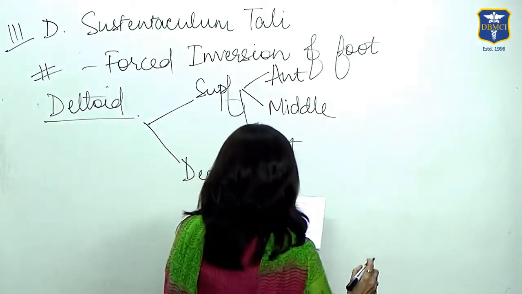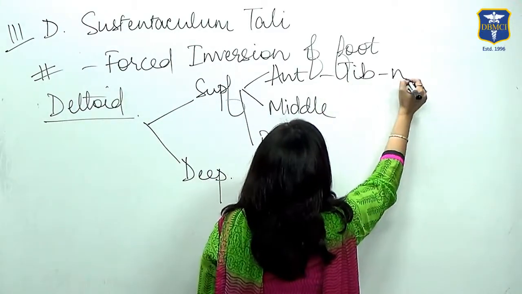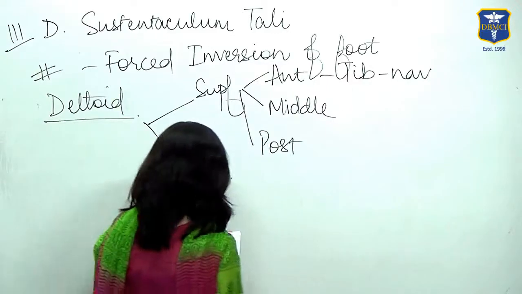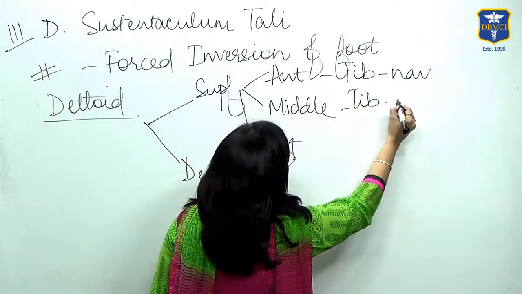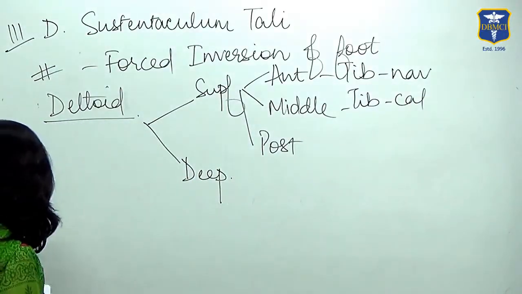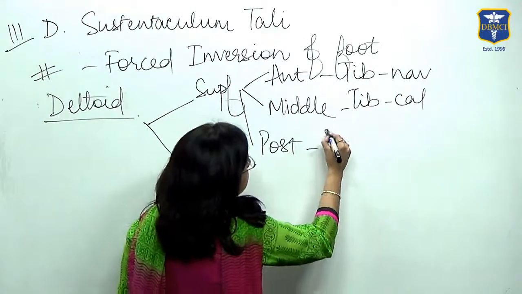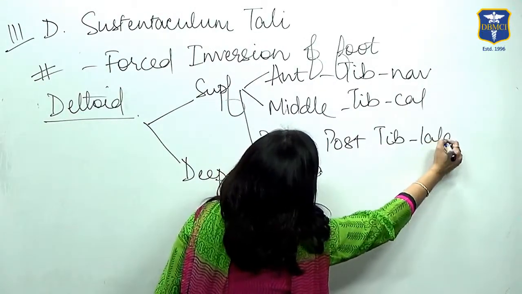The anterior part is called tibio-navicular ligament. The middle part is tibio-calcaneal ligament, and the posterior part is the posterior tibio-talar ligament.